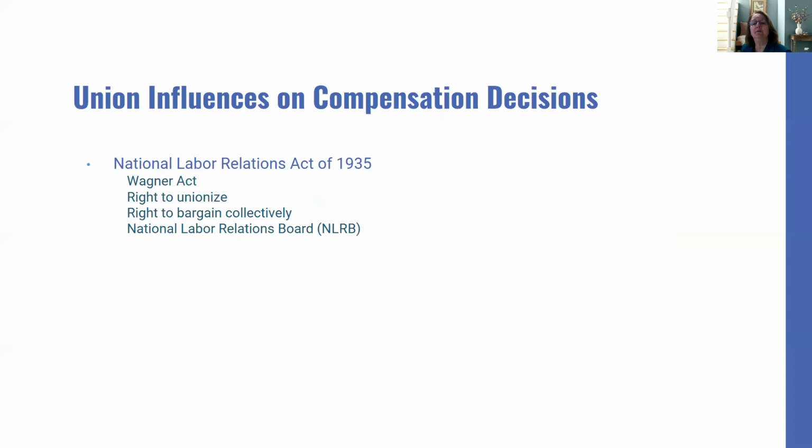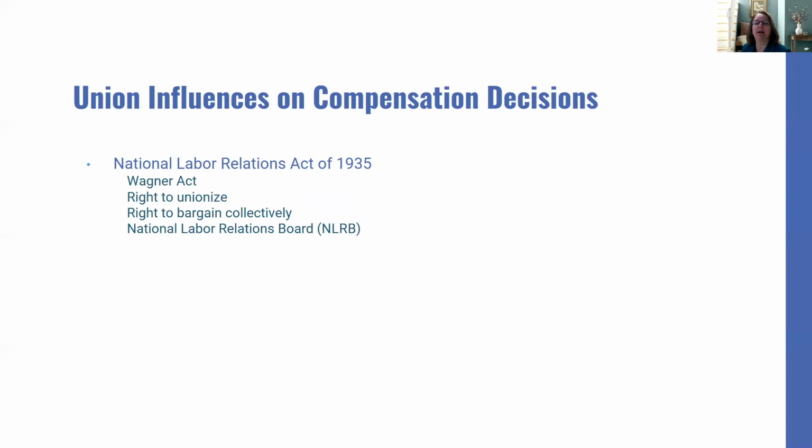Unions, so union influences on compensation decisions. The National Labor Relations Act of 1935, or Wagner Act, granted employees the right to unionize and to bargain collectively.